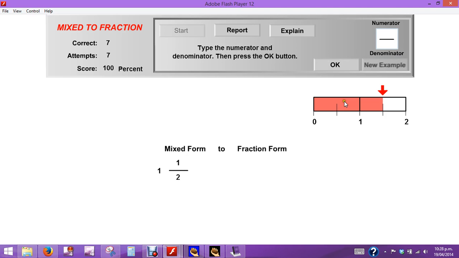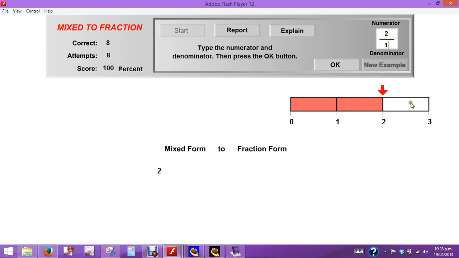Next example, 1 and 1/2, altogether 3 halves. There's 2 halves in 1 plus the other 1 left over. 2 1s are 2 plus 1 is 3 halves on the top there. Next example, 2 wholes written as a fraction, I'm going to write it as 2 over 1.